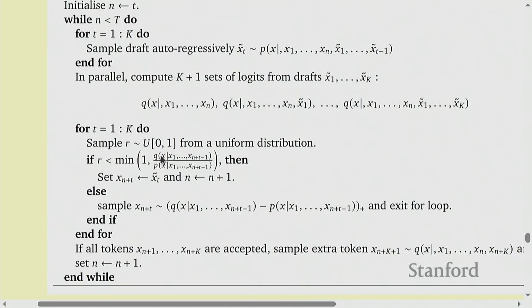If you accept it, then great, you move on and look at the next draft token, and so on. If you don't accept it, then you're going to sample from the target model, the slow model, but you do this correction where you've already tried to sample using P, so you don't need to do that anymore. You subtract it out and you sample from Q.